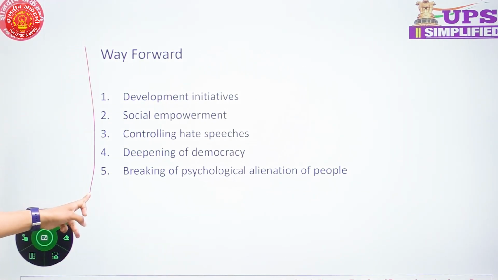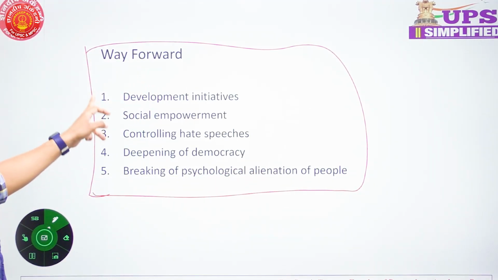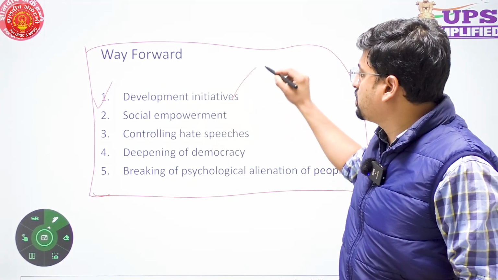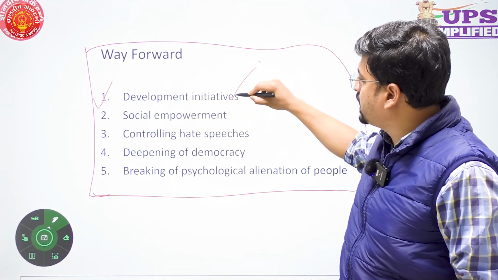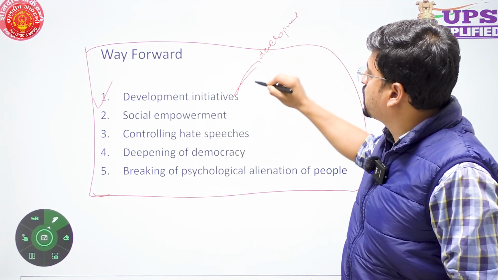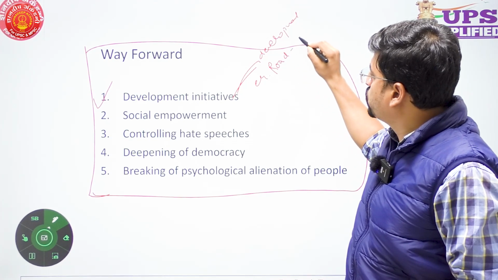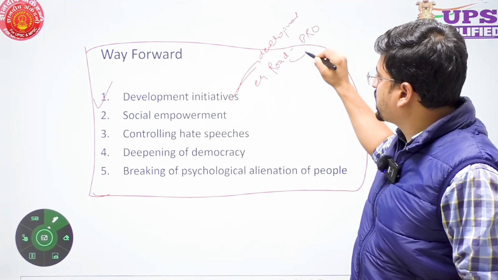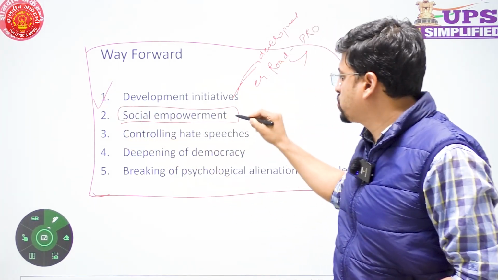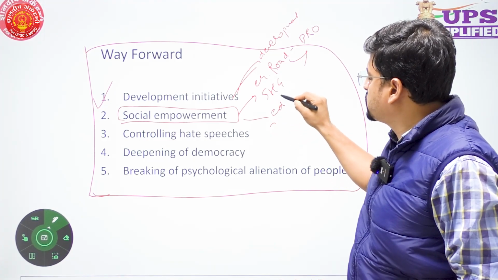Then what way forward should we take? Firstly, developmental initiatives. As I have mentioned earlier, we have to initiate developmental activities in those areas, for example road construction through BRO. Secondly, social empowerment of the people can be ensured through SHGs or educational institutions.